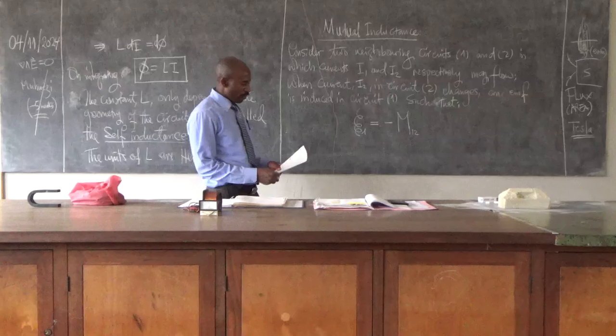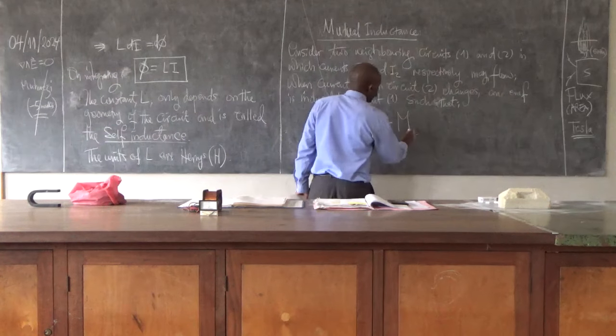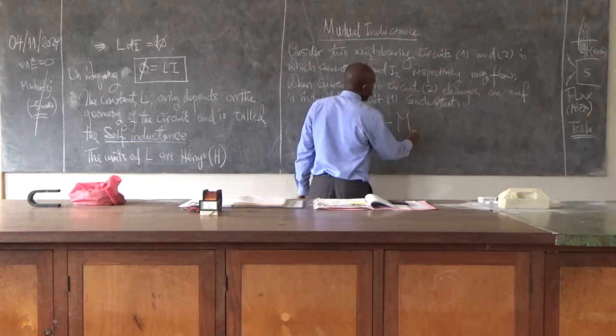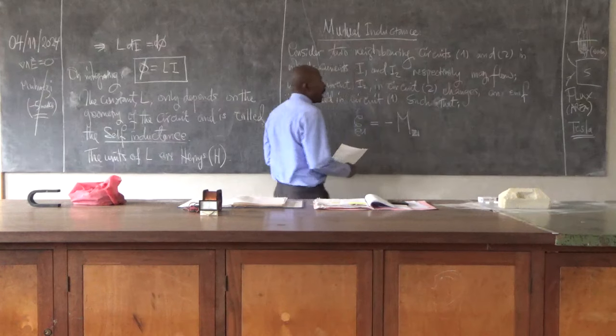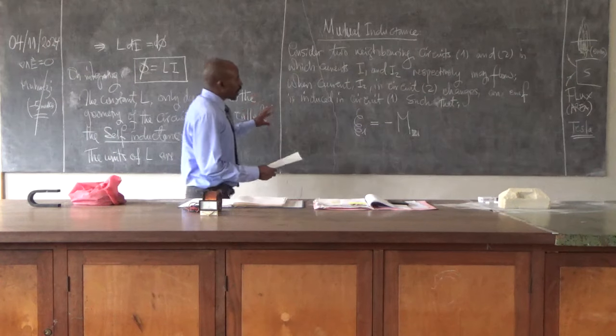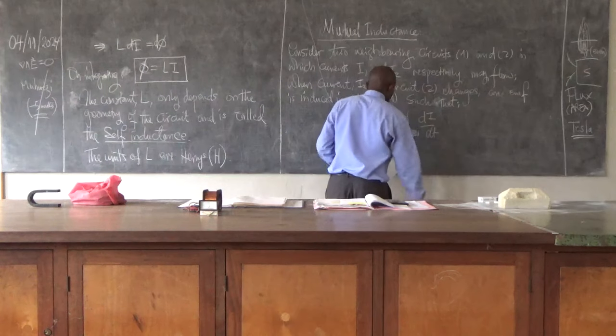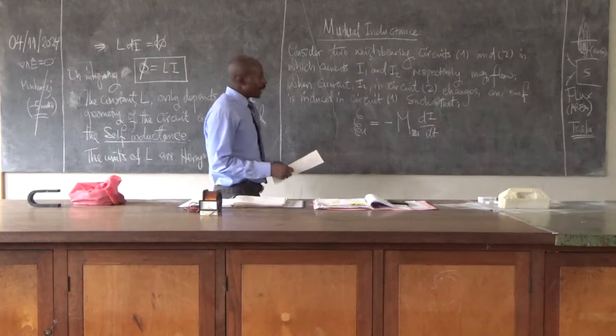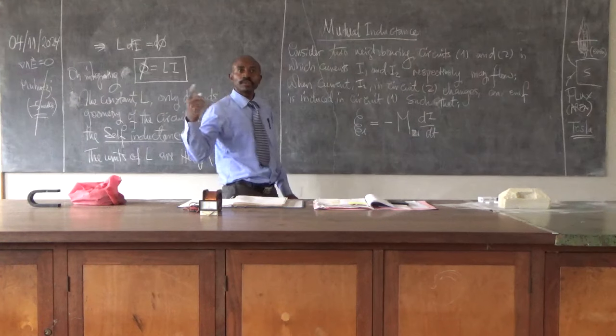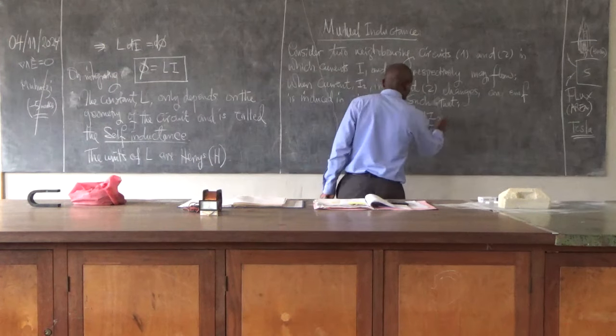We shall say M21 because it is the 2 which is changing, so M21 times di/dt, and the current that is changing is in circuit 2.